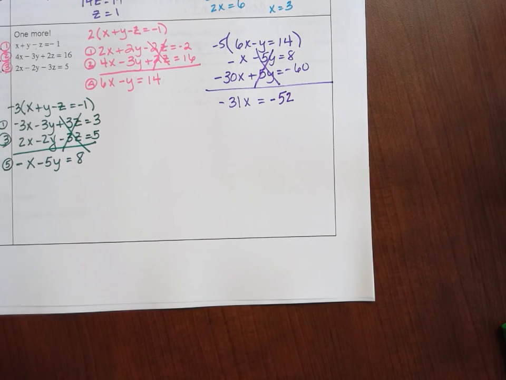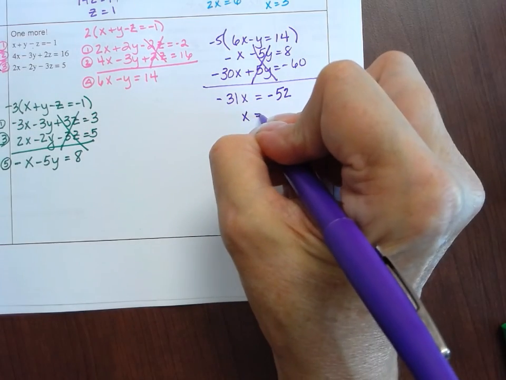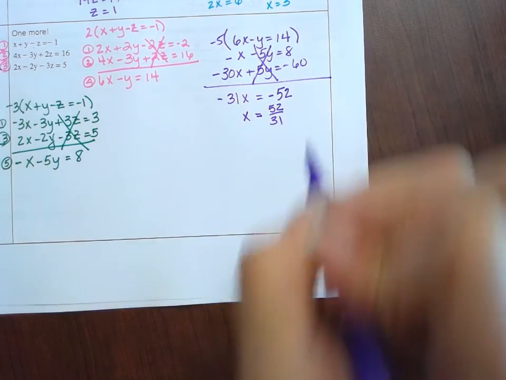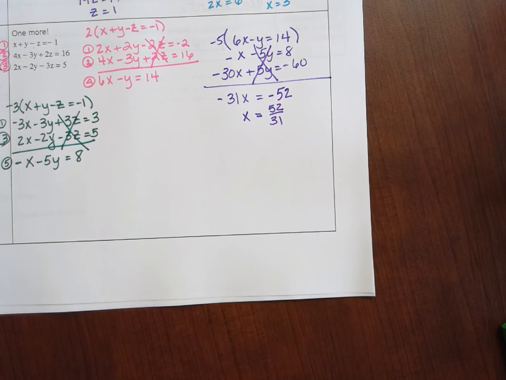All right, so x is going to be 52/31. I'm just looking at the numbers to make sure I got it right. All right, so we don't have a pretty answer, so that's okay.